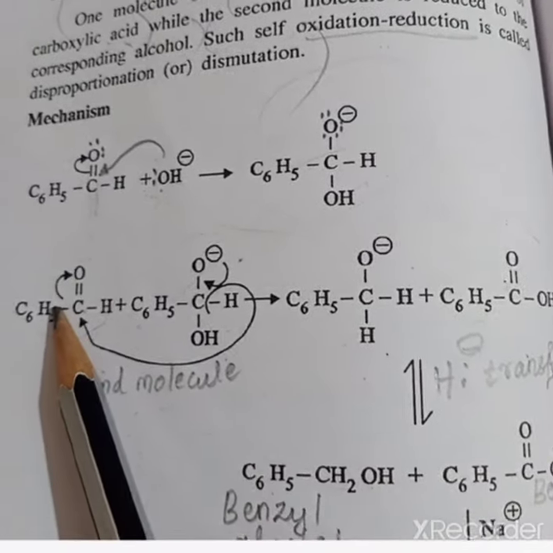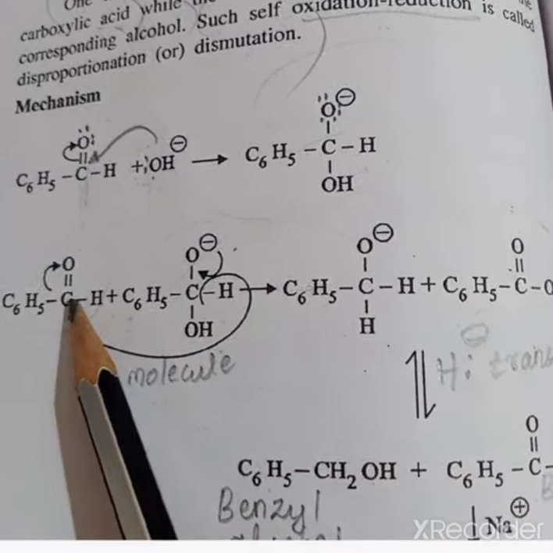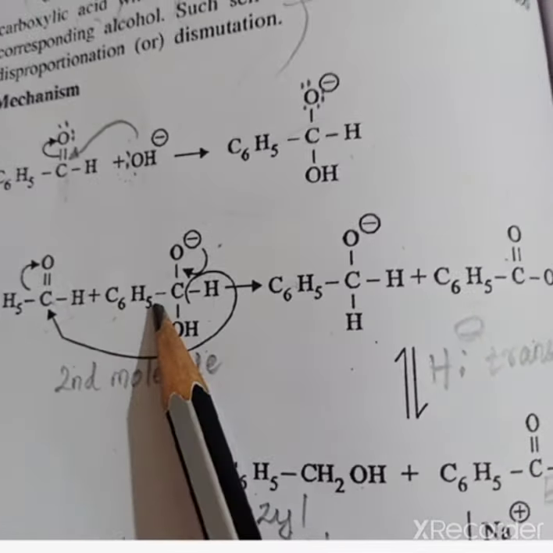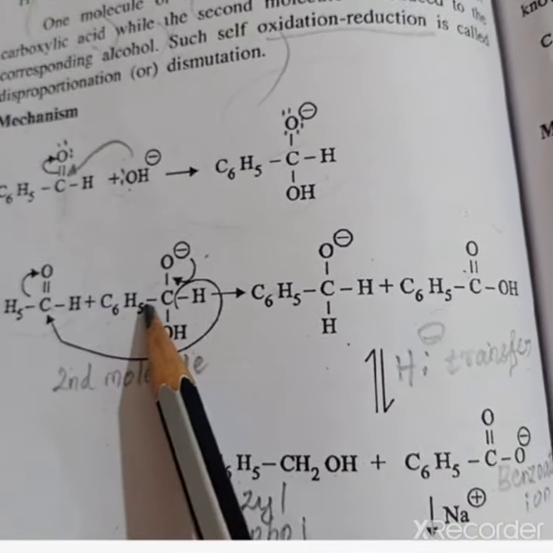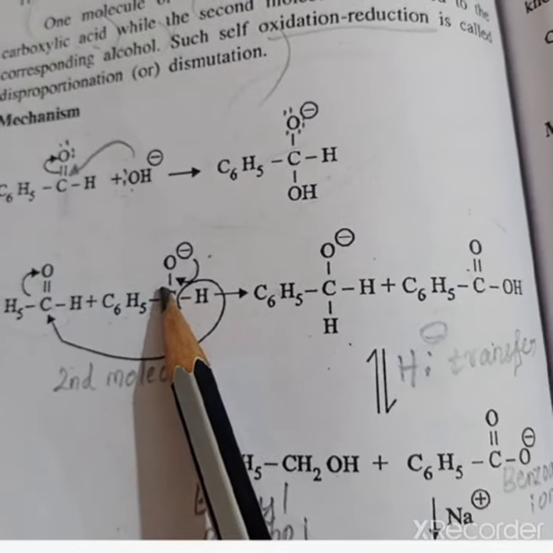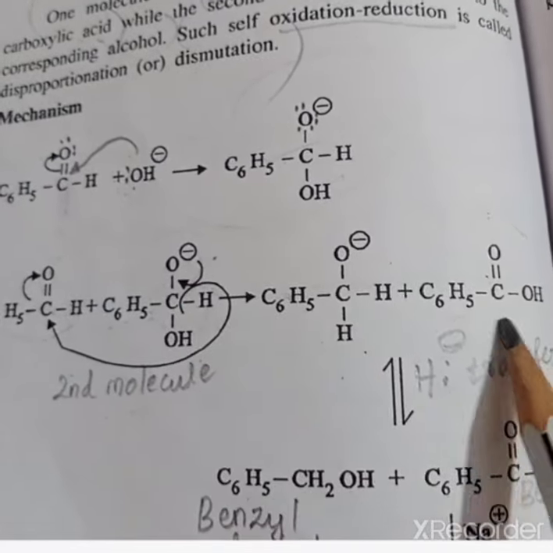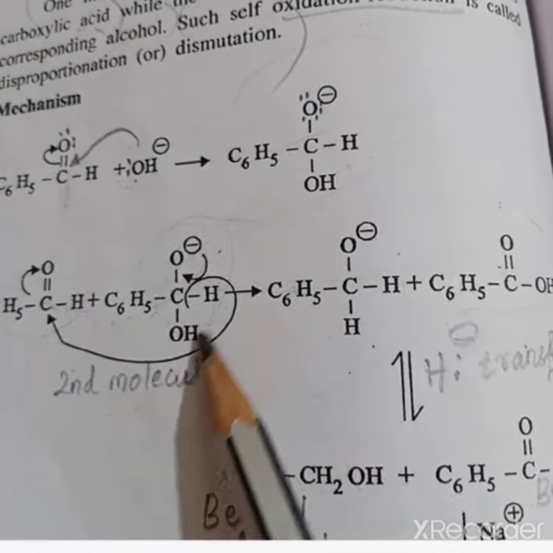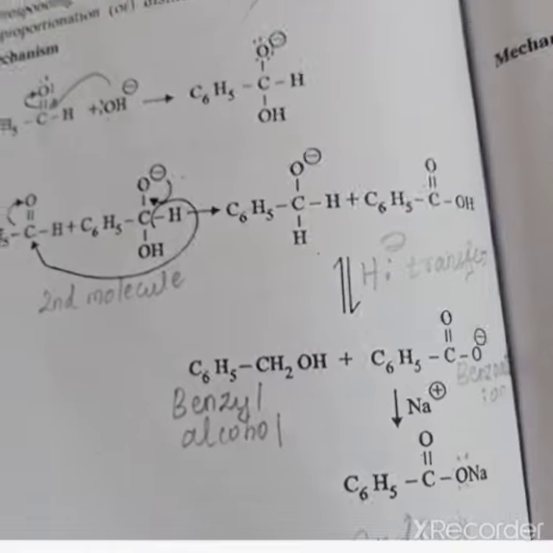The first step is C6H5 C single bond O, H will directly attack this H. So this carbon will be converted into C6H5 C double bond O, and the OH will be shifted in this reaction. This will directly attack this carbon and only they will be replaced. Okay, it is the second step.